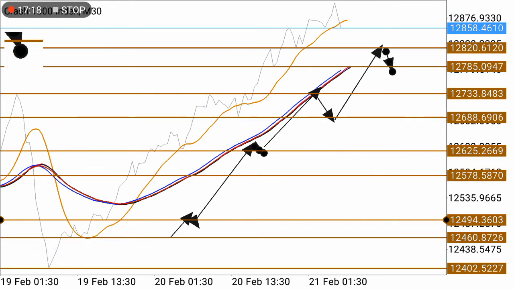It comes down, and look at this. Very awesome. Look here, all my points are clear using support and resistance.